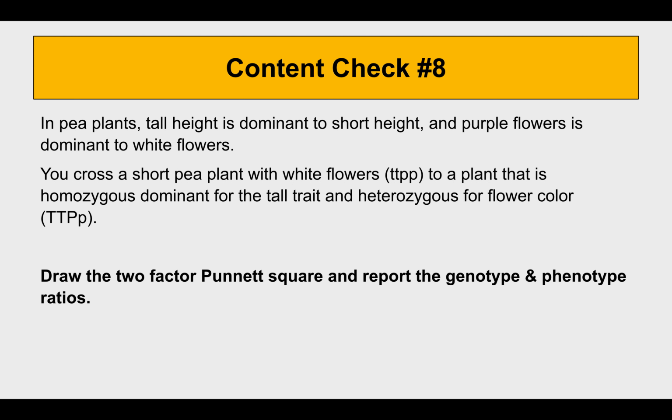I want to make sure I have a T and a P for every column and every row. Same way I got those, I figured out all the possible combinations for the 4 gametes. So I put that on one side, so that's one gamete.